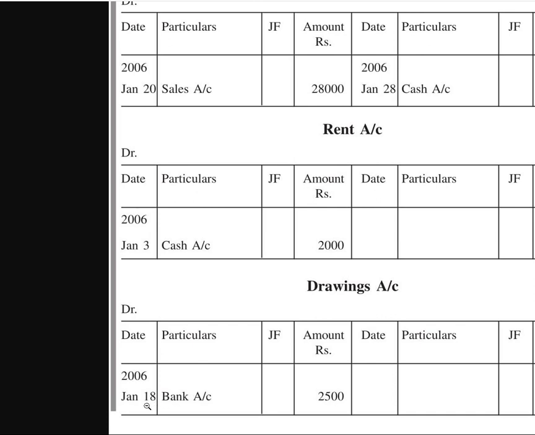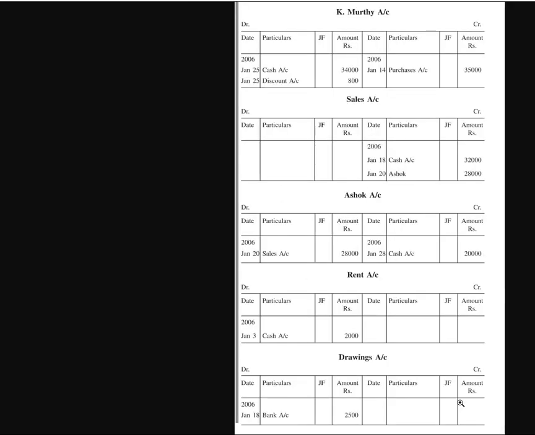That is drawings account debtor to bank account, if you remember. The date is January 31st again. Drawings account debtor to bank account is 2,500, and in the bank account we have to credit it on the right side, bank account credited by drawings account. Whatever we prepare here, I think it is there in the bank account.